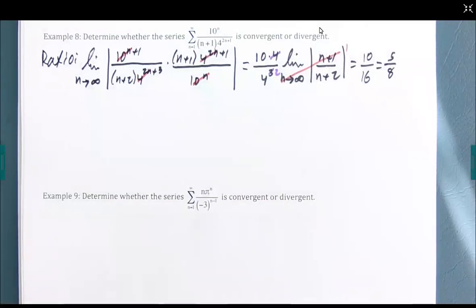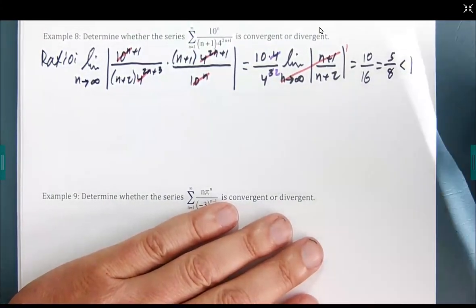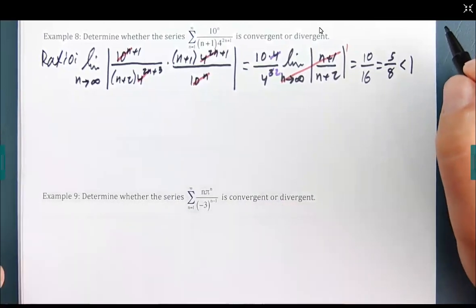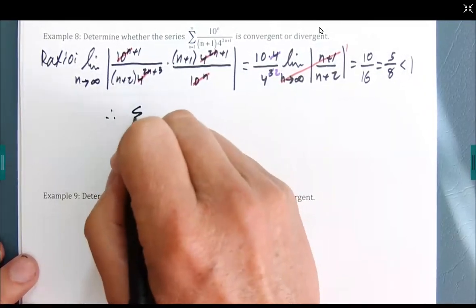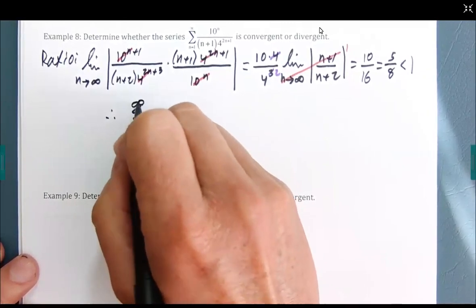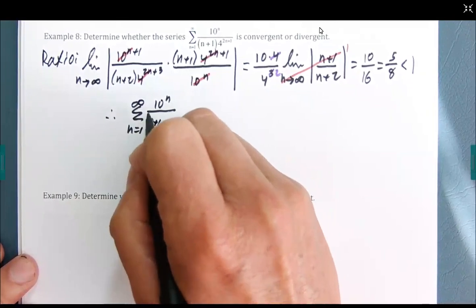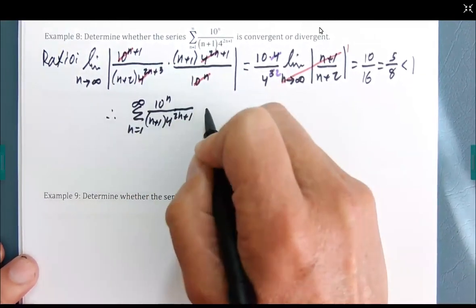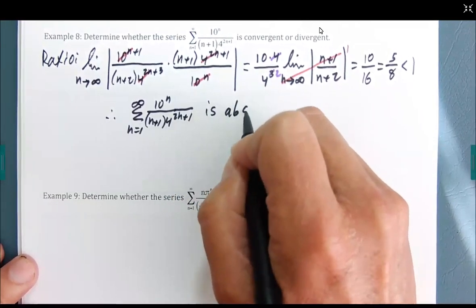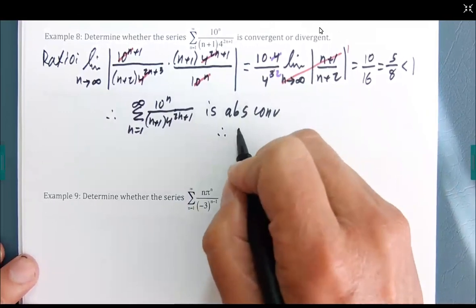Whew, that one's a little dense. So the whole point is 5/8 is less than 1. That's the whole key there. So this is absolutely convergent, and therefore convergent.